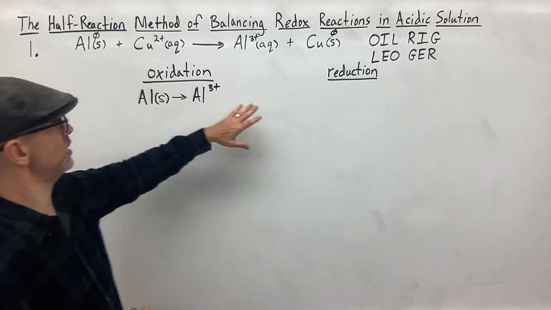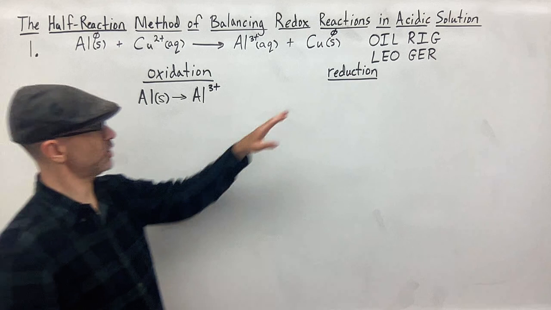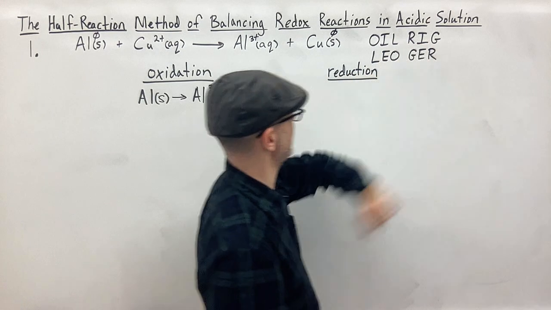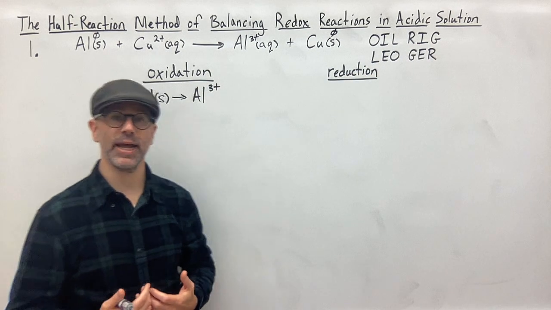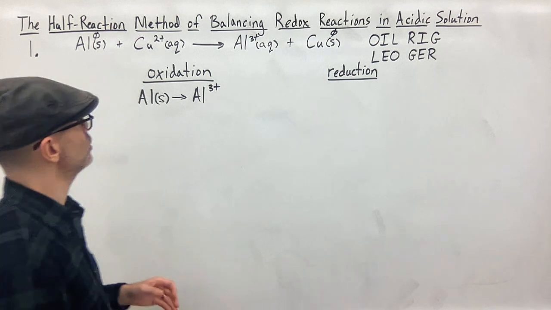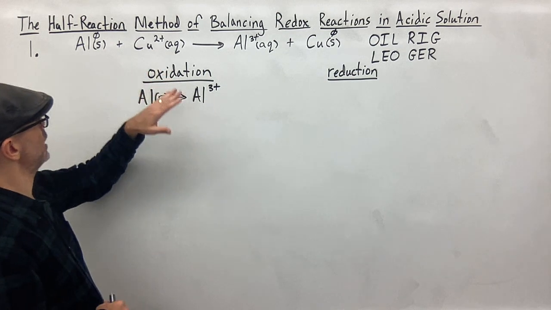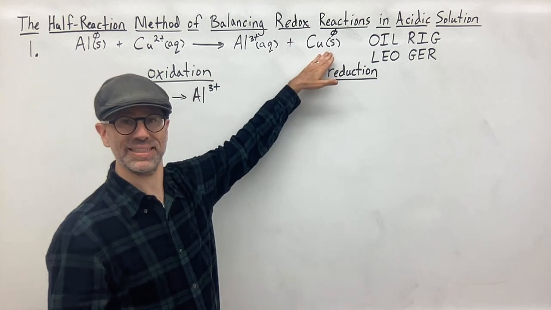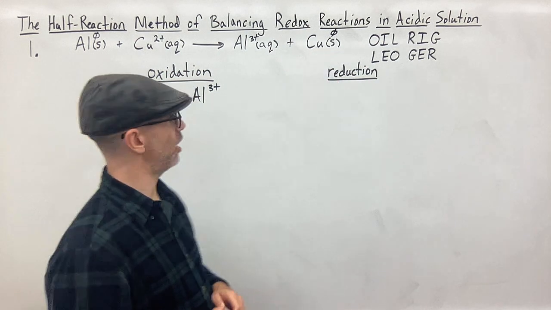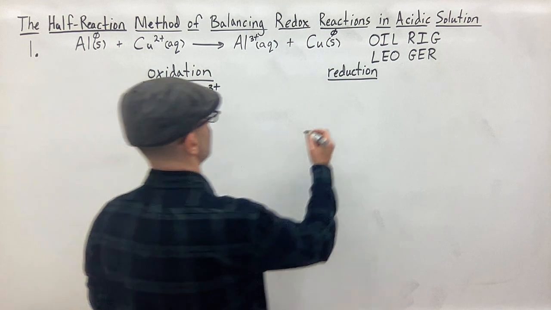Okay, and then we do the same thing with the reduction. Reduction is gain of electrons. If you gain electrons, you become more negative or less positive. So which one became less positive? We have copper 2 plus, and it goes to 0, so it became less positive. So that is reduction.